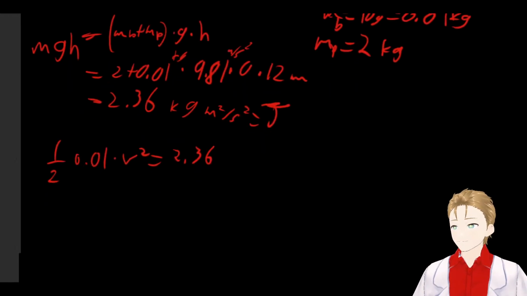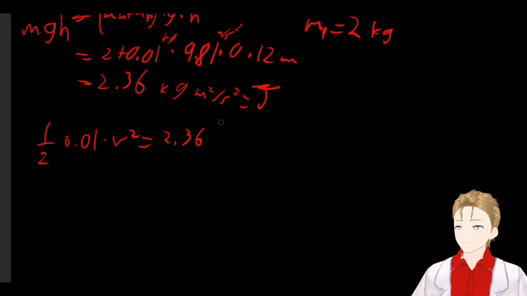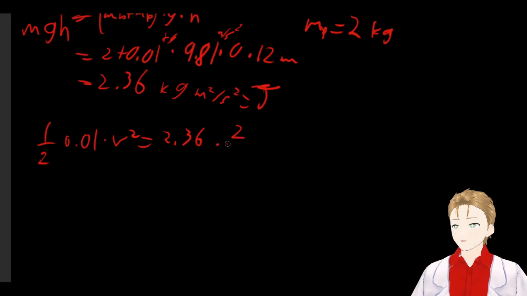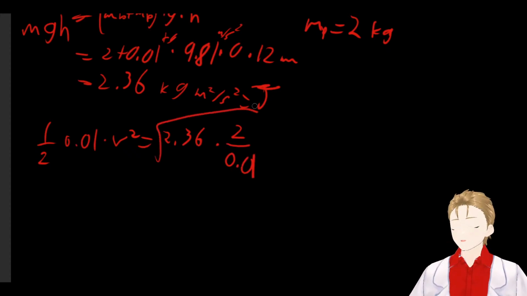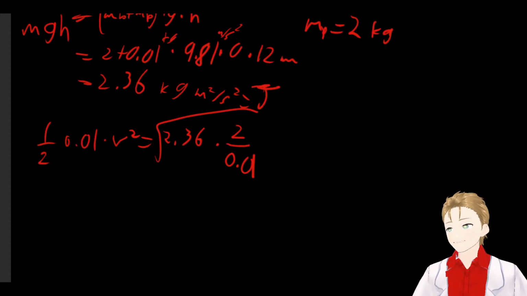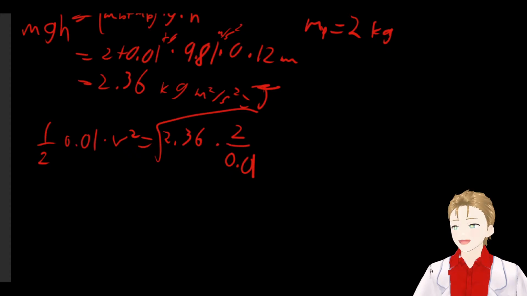Two divided by 0.01, square root of that. I don't know how this is going to go. Maybe I shouldn't have done all this. Yeah, that's horribly wrong.